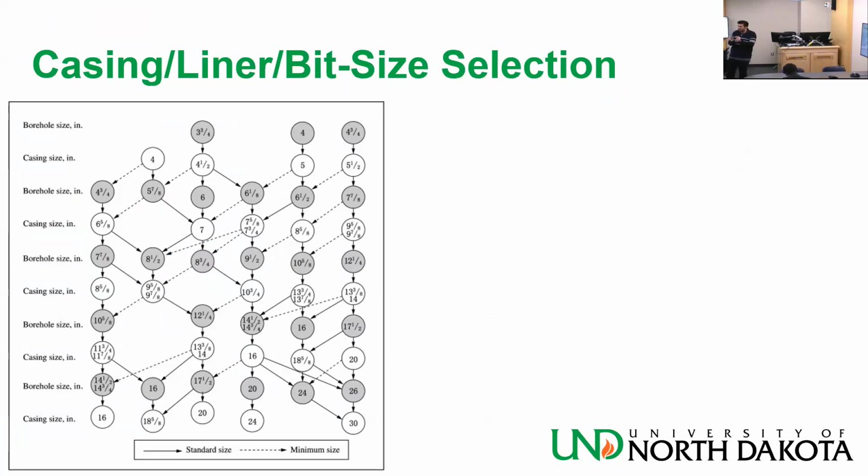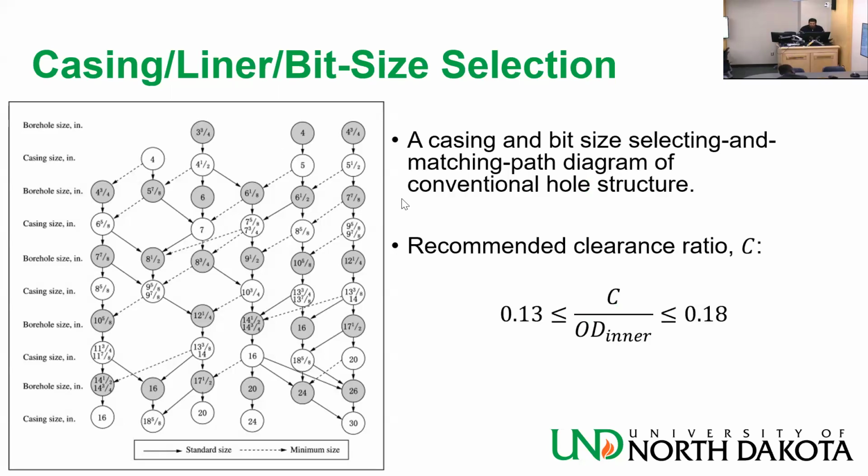It needs to have some sort of clearance. And in the oil field, we have this rule of thumb that the clearance ratio should be between 0.13 and 0.18, using the outer diameter of what you are going to put inside, the casing string that you are going to run inside.